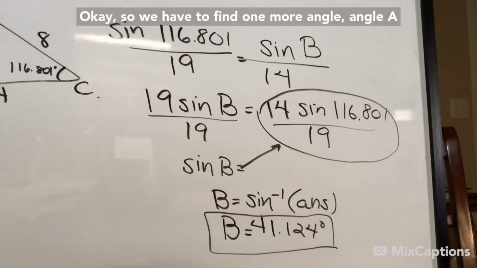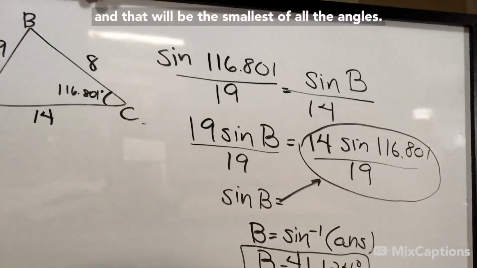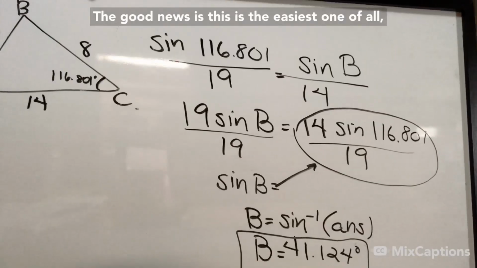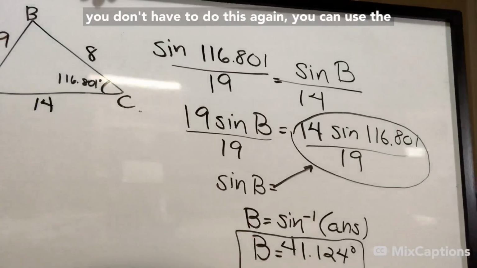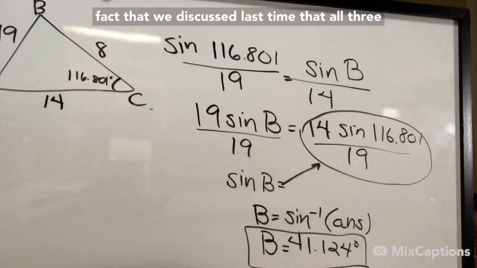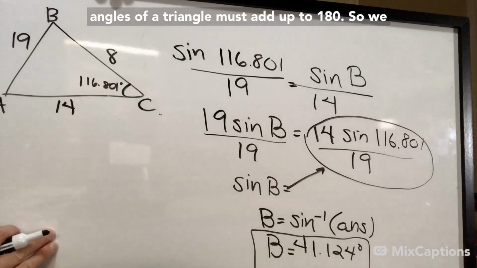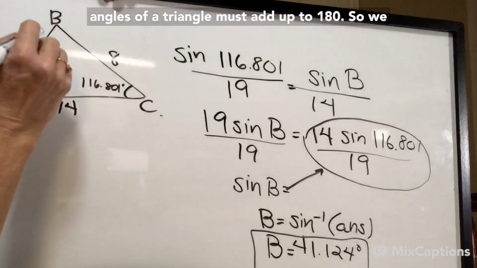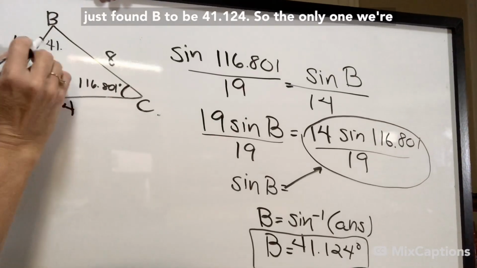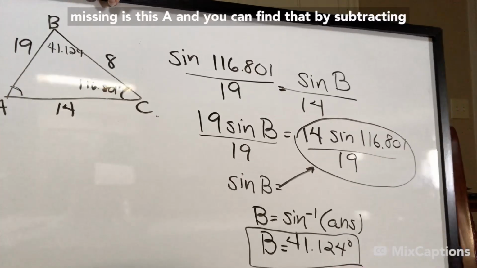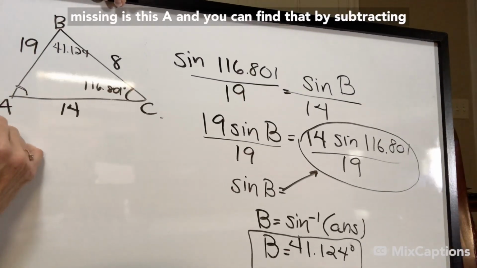Okay, so we have to find one more angle, angle A, and that will be the smallest of all the angles. The good news is this is the easiest one of all. You don't have to do this again. You can use the fact that we discussed last time that all three angles of a triangle must add up to 180. So we just found B to be 41.124. So the only one we're missing is this A, and you can find that by subtracting from 180.